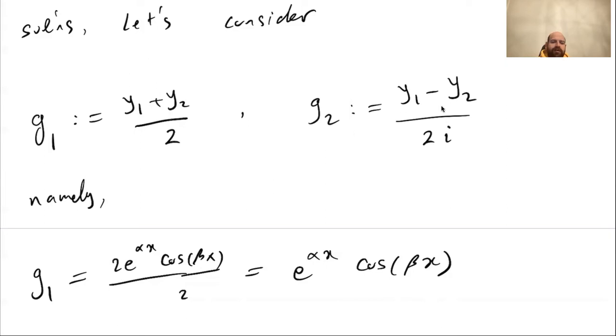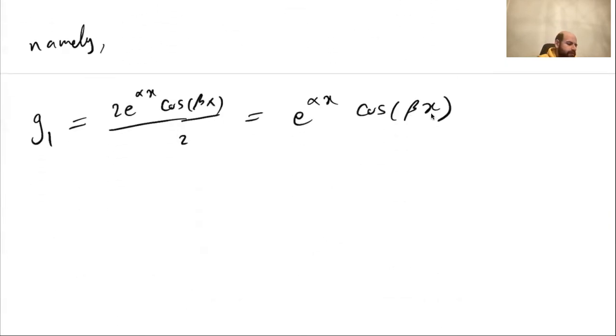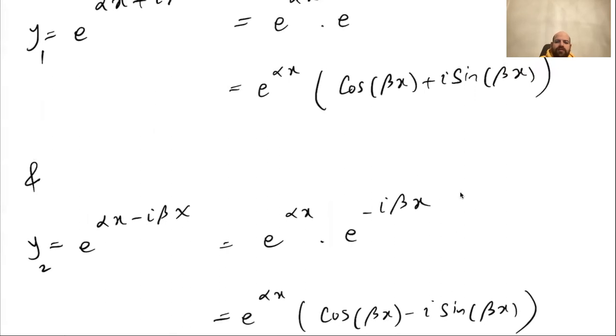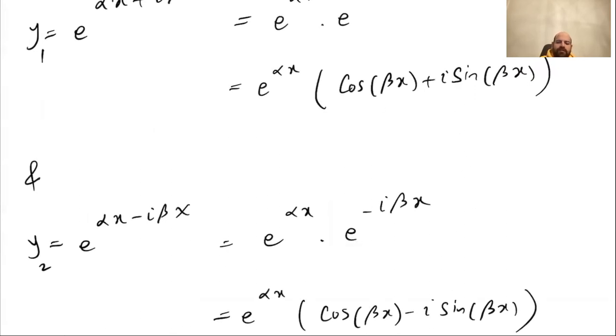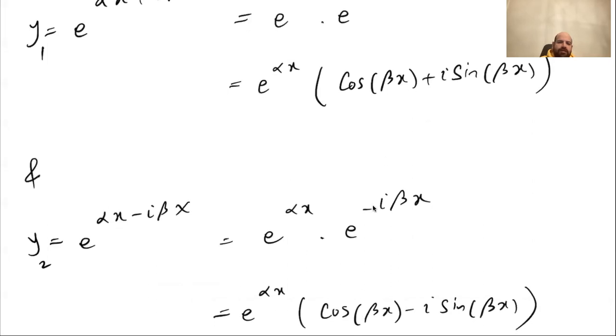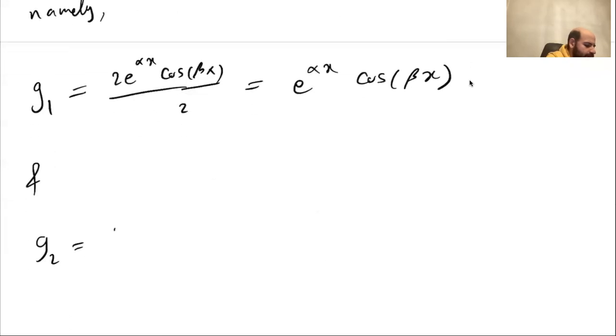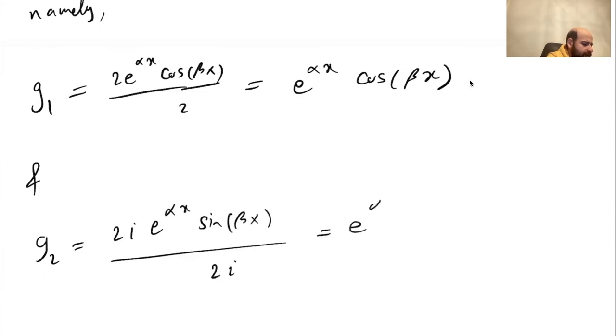Similarly, y1 minus y2: if I subtract, the real parts this time cancel out each other, and I'll be left with 2i e to the power alpha x sine beta x divided by 2i, and that's e to the power alpha x sine beta x.